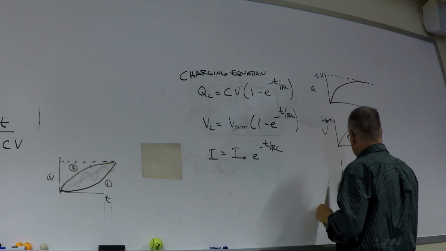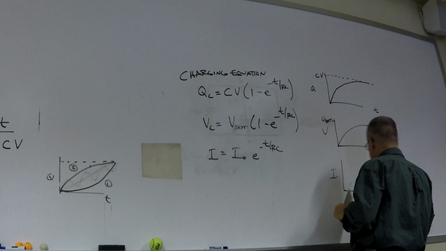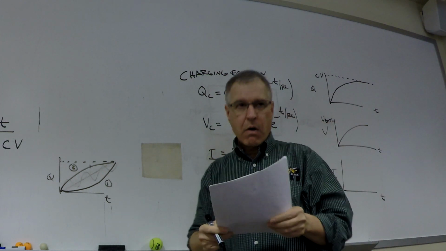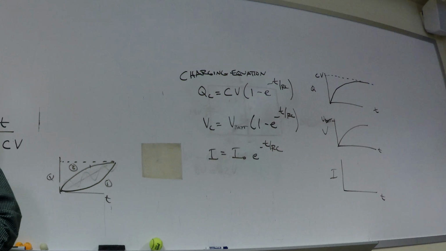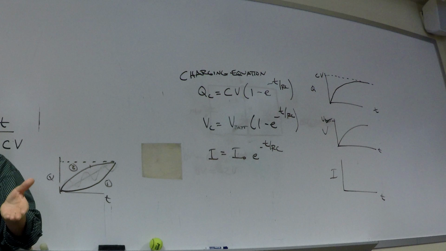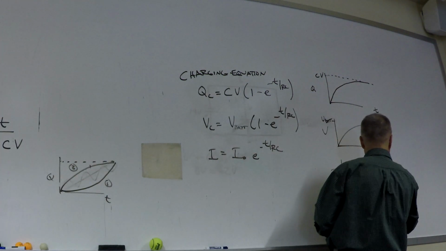How about the current? What's happening there? What does that look like? If we wait long enough, how much current are we going to have? We wait a long time. 0. Yeah, our current shuts off. So if we wait long enough, we're going to end up down here someplace.